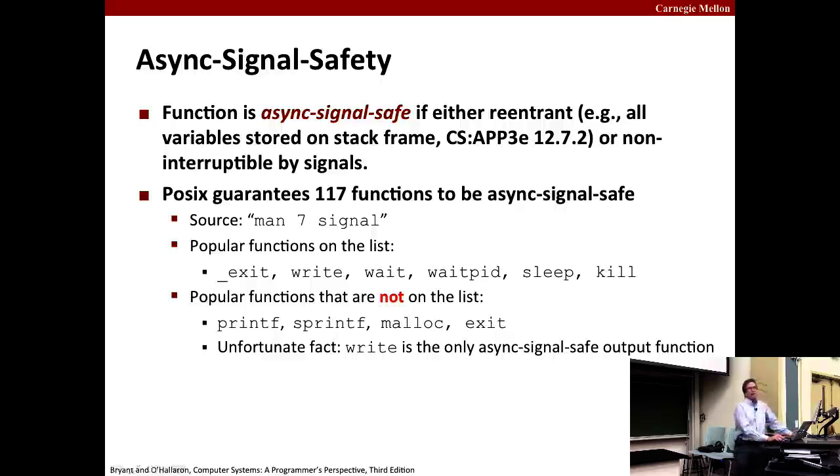And in fact, write is the only output function that's async signal safe. So this is kind of a problem because you'd often like your signal handlers to output information, but if you want to really be pedantic and careful, you can't use printf.